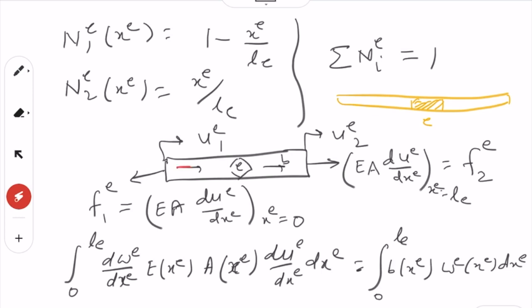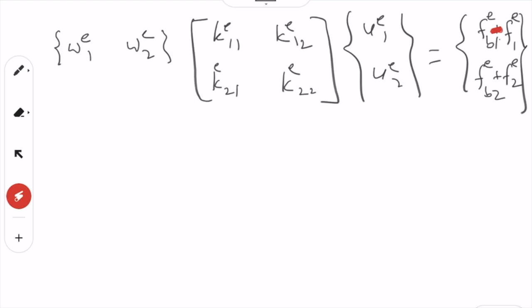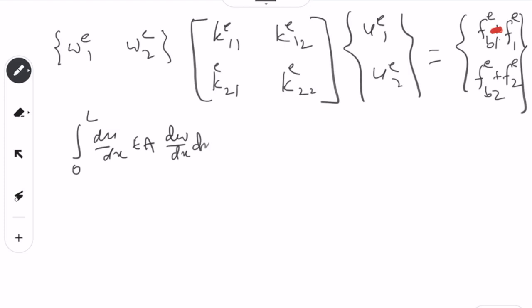In contrast to this b, if you see, this is positive x direction, hence positive, and this is negative x direction, hence negative. Second perspective, why you will get negative also comes from the weak formulation. You remember the weak formulation, if you see the complete picture, it tells you like this: 0 to L du over dx Ea dw over dx dx, right.